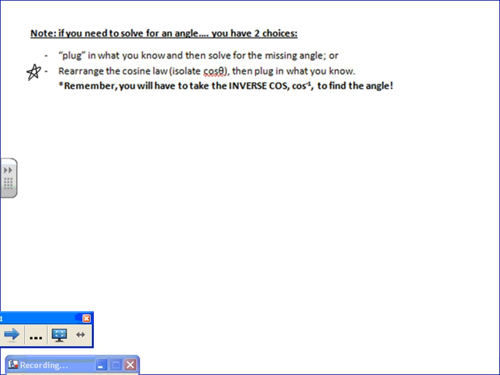But remember, at the end, your answer is going to be the cos of your angle is equal to some number. This is a ratio. If you had split that acute triangle into two right triangles, it's really the adjacent over the hypotenuse. And this is just a ratio.